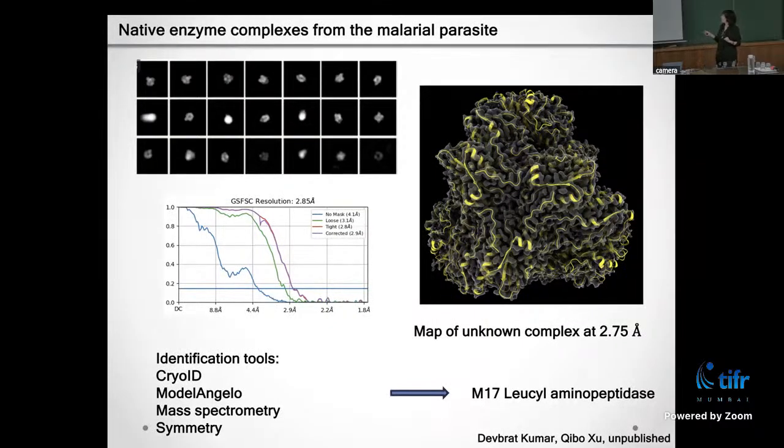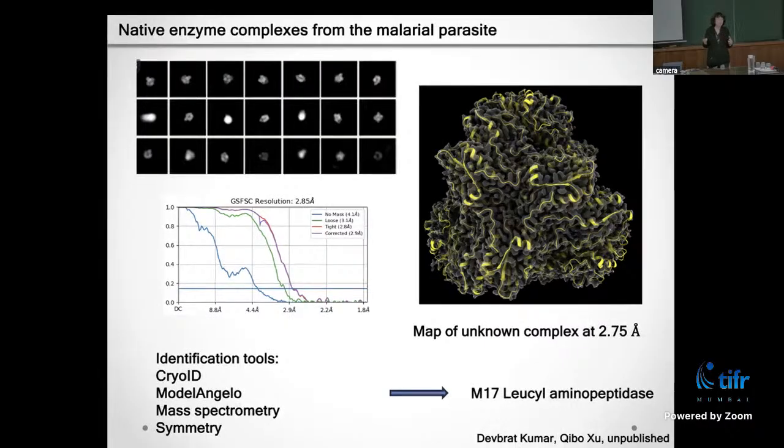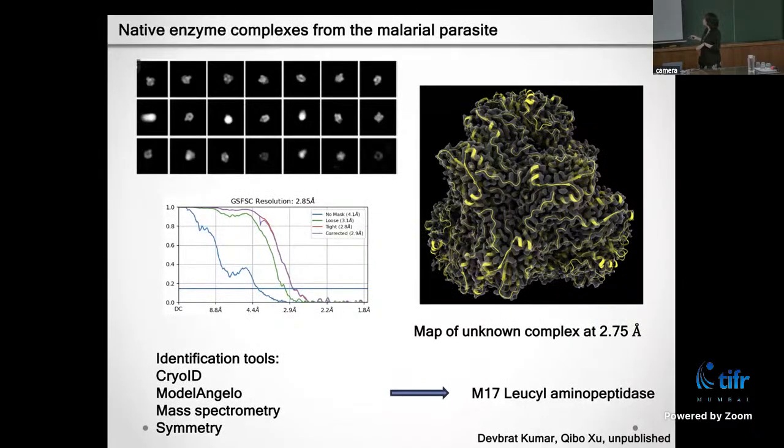It is a neutral aminopeptidase. And if this is removed from the malarial parasite genome, then the parasite doesn't survive. So it really requires this for survival. And this is also a target for various types of inhibitors or drug candidates which have been developed. So this is what the native structure looks like, and I'll come to that.